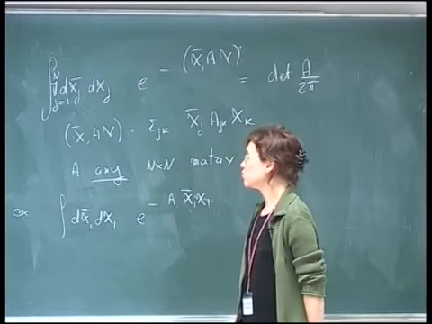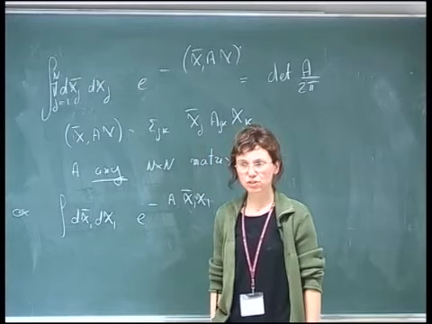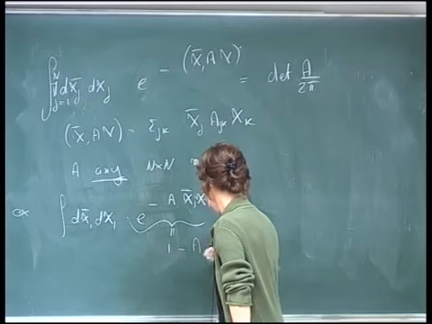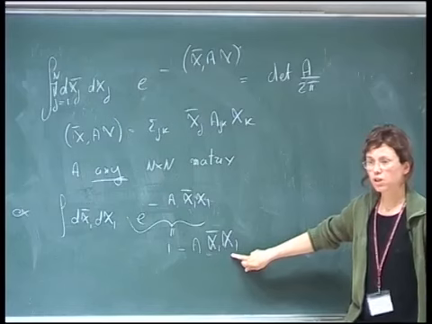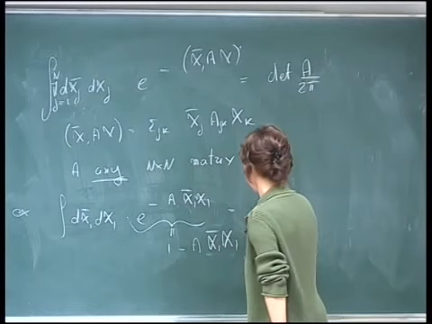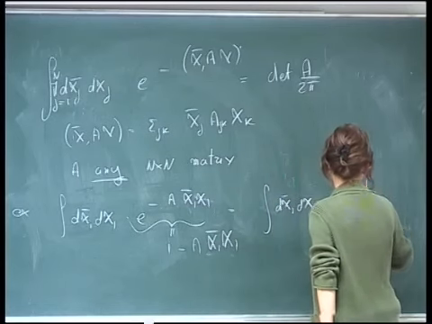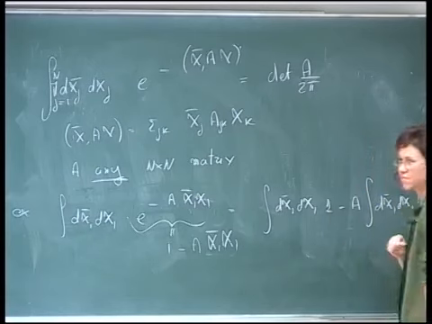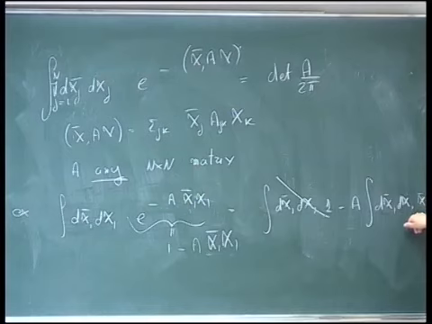To do this integral, first you have to expand this function, and this is equal to 1 minus A χ bar χ. If I take the square of this term, it's 0, and any other power is 0. The integral of the constant is 0, so I just have to compute this.